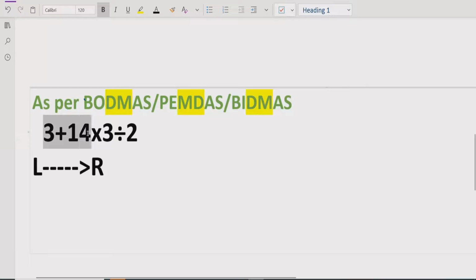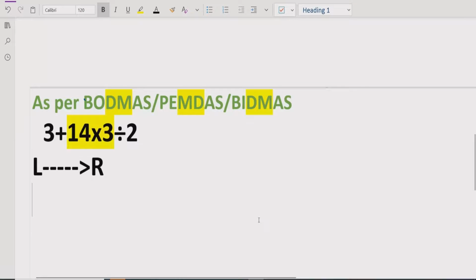Here we have 3 plus 14. We cannot solve this part because, as per the rule, division and multiplication have higher precedence than addition and subtraction. So now we move forward and see which part is coming, multiplication or division. Now we have 14 multiplied by 3, so this part we will solve first.